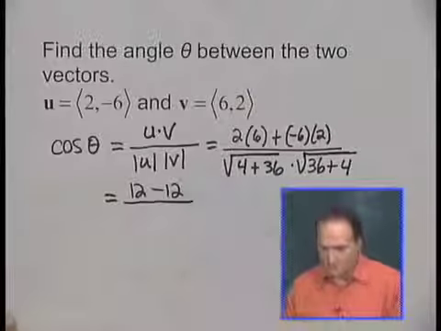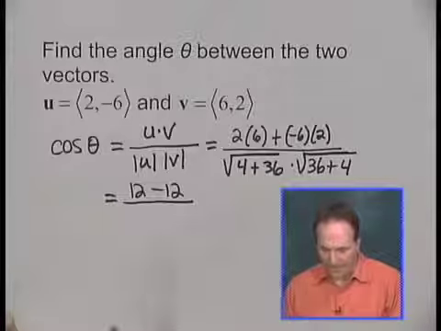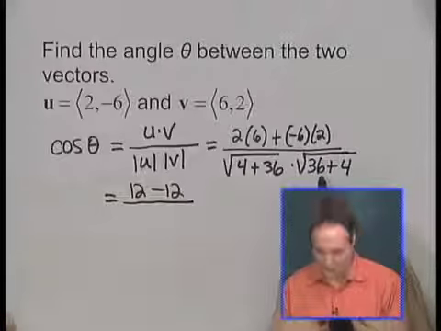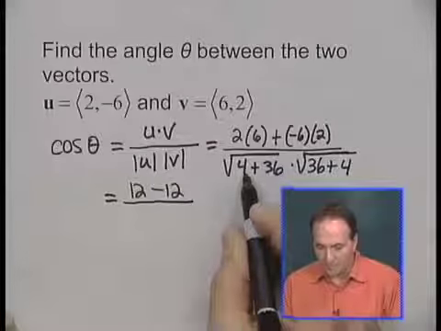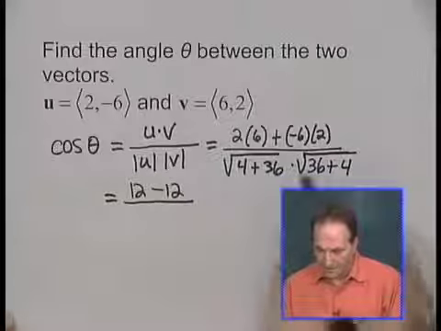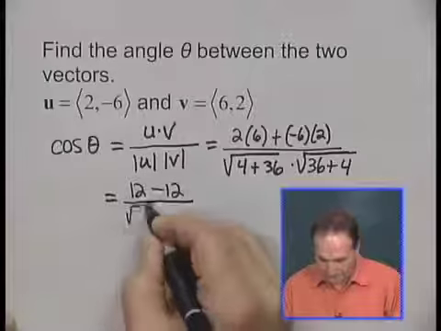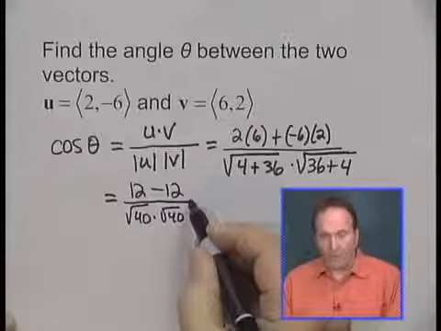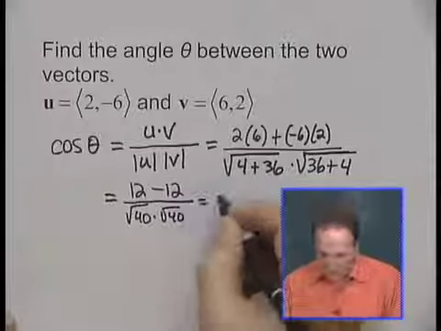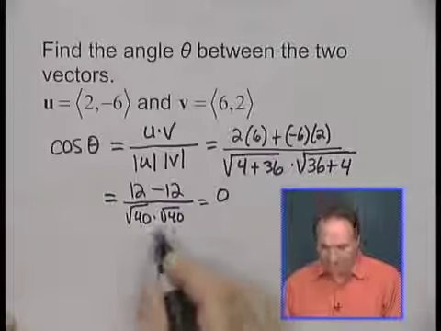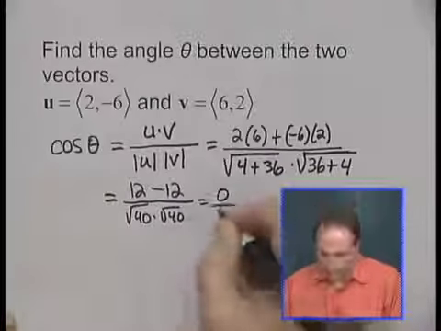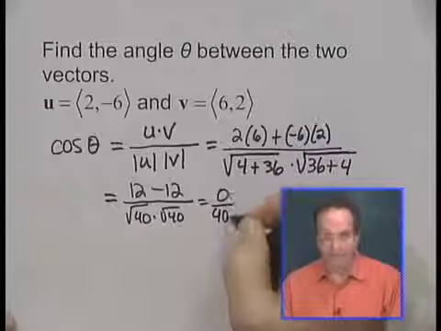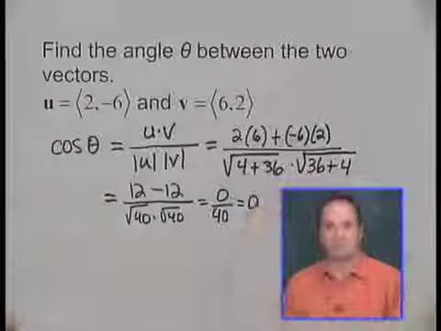Well, in a sense, we can stop there, but let me simplify the denominator, and of course you'll see in a moment why we can stop there, but this would be the square root of 40 times the square root of 40. Notice that in the numerator, 12 minus 12 is 0. The denominator, square root of 40 times square root of 40 is 40, but it still doesn't matter because 0 divided by 40 is 0.